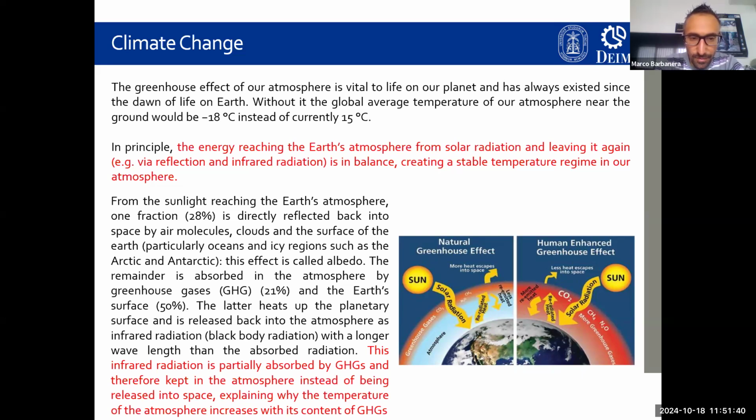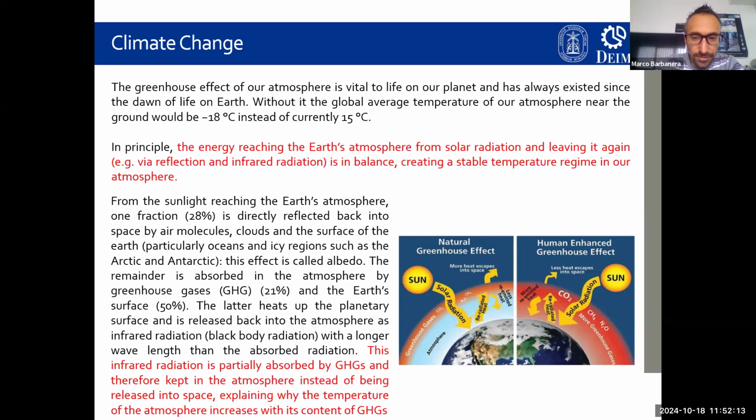About the solar radiation, we can say that a fraction of the solar radiation reaches the Earth atmosphere. A fraction is reflected back into space by the air molecules.